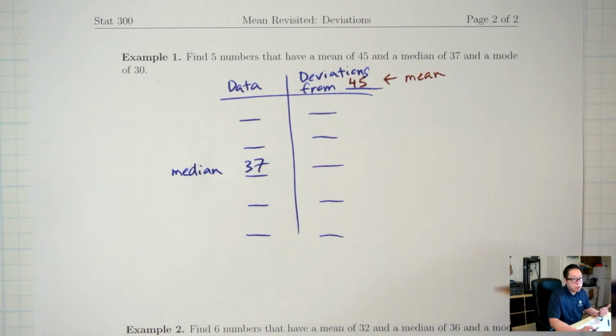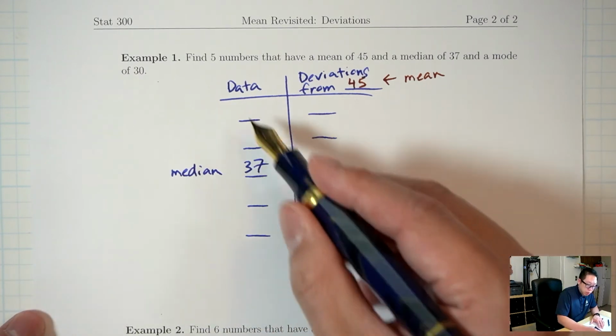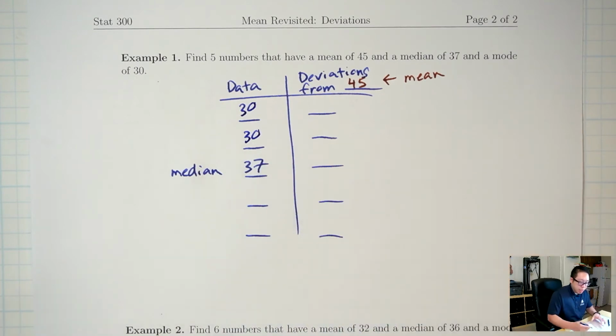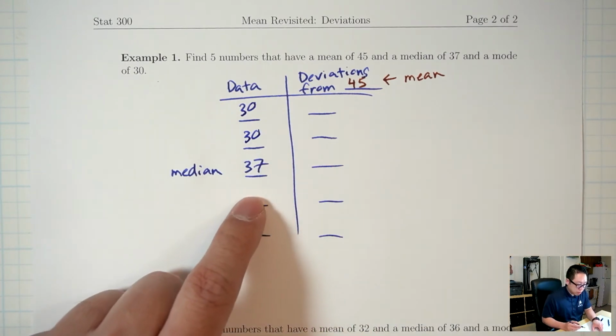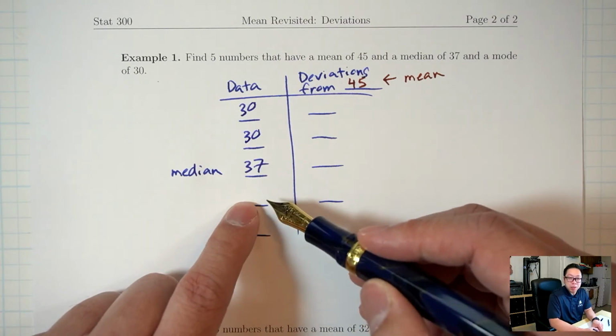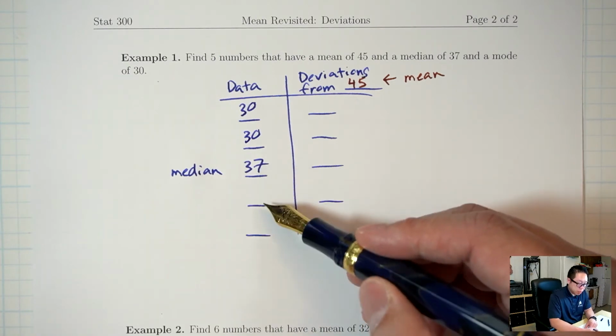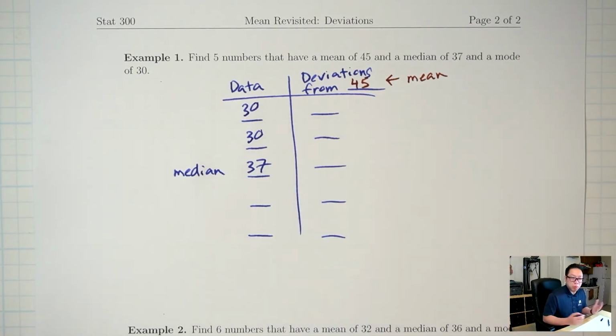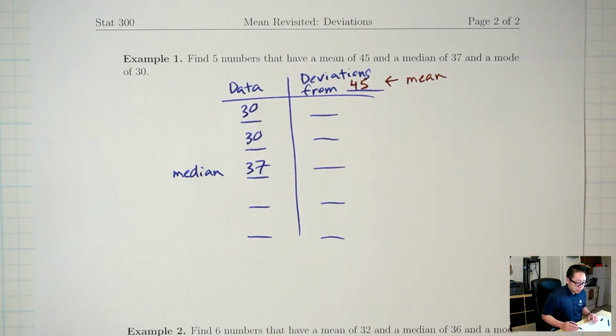So the two 30s should go up here. I can't put 30 down here because this is 37, so I want numbers bigger than 37 down here. So I really only have room for 2 30s. Okay, I have 2 missing numbers that I need to find.